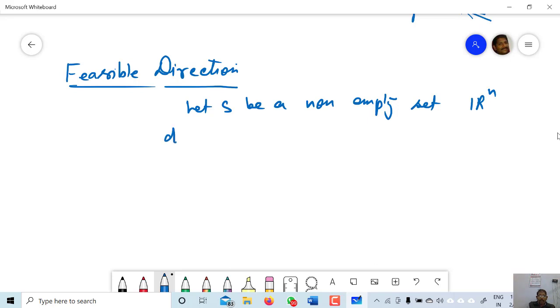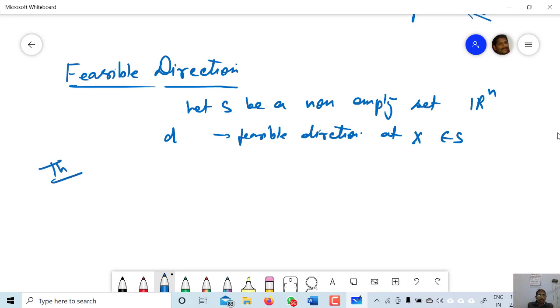A direction d is said to be in the feasible direction at x belonging to S if we do not leave the region S when making a sufficiently small move in the direction d. Okay. So I have discussed it by figure, and I think you have understood what the feasible direction is.